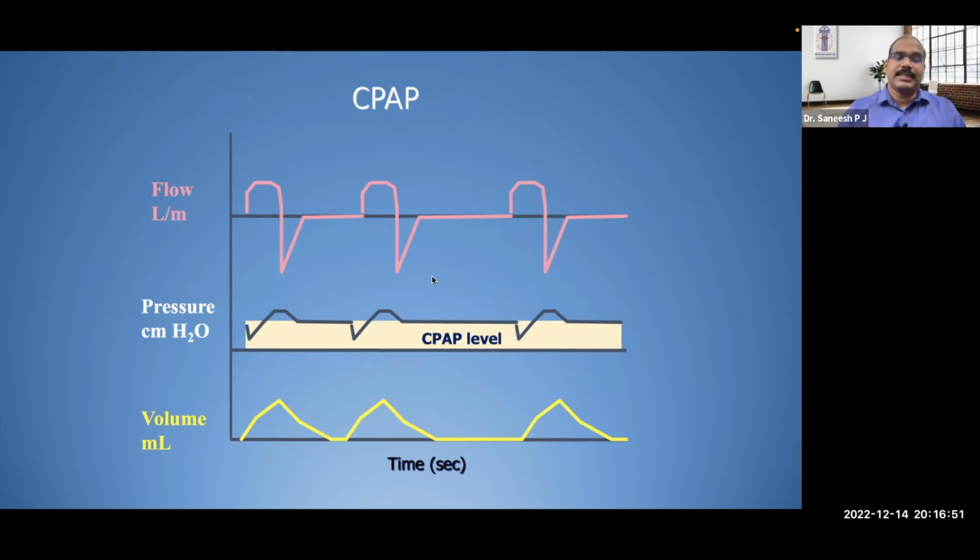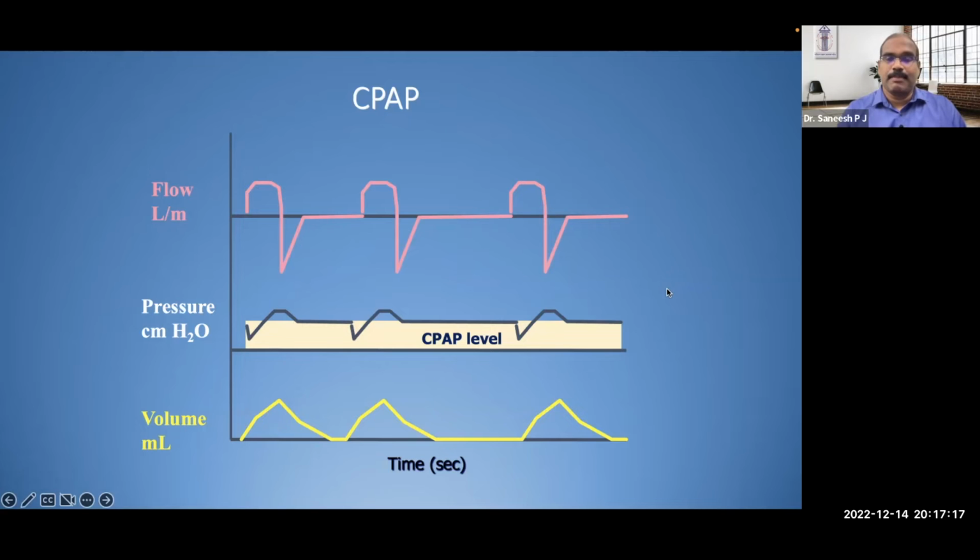And the patient is asked to generate or trigger the flow. Then you can see the slight negative deflection from the baseline, which is actually the trigger. Then the pressure builds up and comes back to the baseline again. This is the volume delivered, and this is the flow pattern.